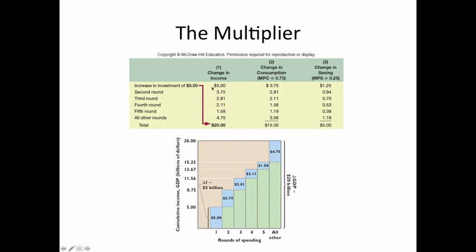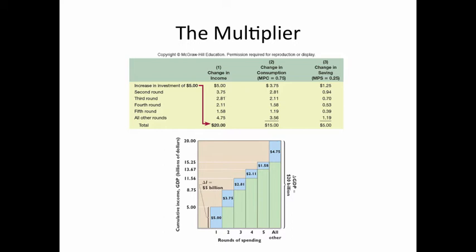And so if we increase income by $5 billion, we know some fraction of that is going to be spent. Like in our example, here we have the MPC of 0.75. So given any change in income, 75% of that will be spent. So if income goes up by $5 billion, we'll spend 75% of that, which is $3.75 billion. So that becomes our second round level of spending. And at the second round level of spending of 3.75, that increases the income of that next company by 3.75.